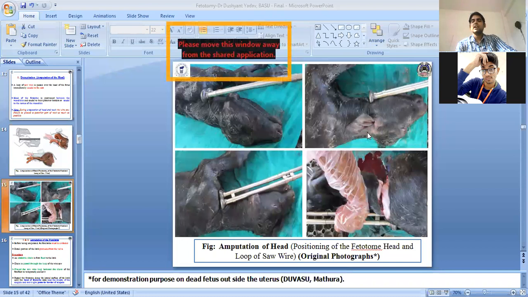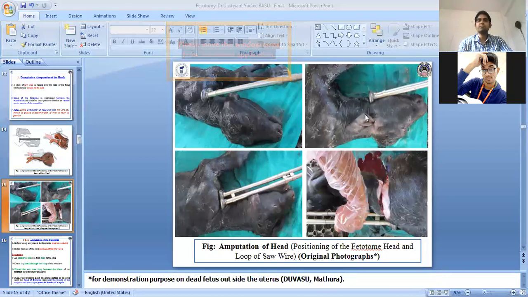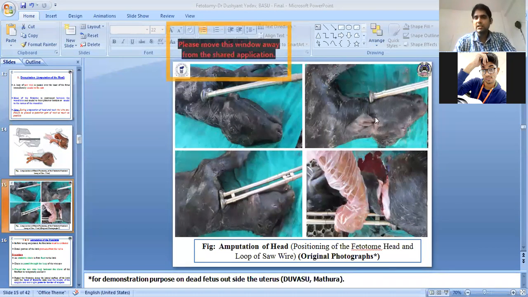Behind the ears, at the atlanto-occipital joint. But before that, we should anchor the wire shaft between both jaws. Then remove this anchoring, fix the head of the fetotome here, and drag the wire shaft, and automatically the wire is positioned at the atlanto-occipital joint.